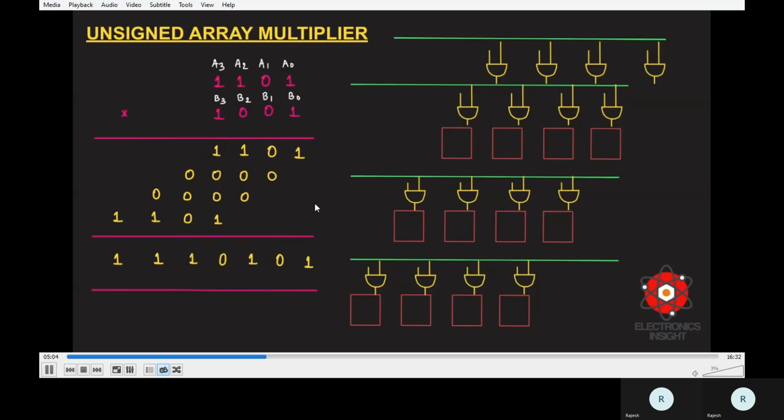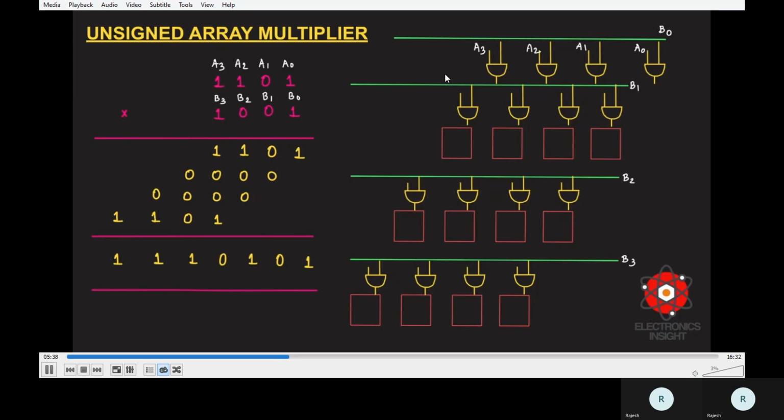It is the same thing in an array multiplier: in this design we write row-wise its values, and we have to decide where a full adder and half adder is required. So this square box represents an adder.